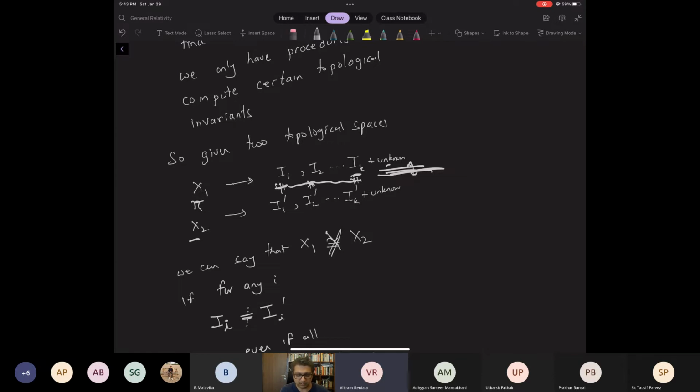But typically, what you assume, without proof sometimes, is that spaces for which the known topological invariants are the same are homeomorphic to each other, at least until you can rigorously prove the existence of such a continuous function between x1 and x2.